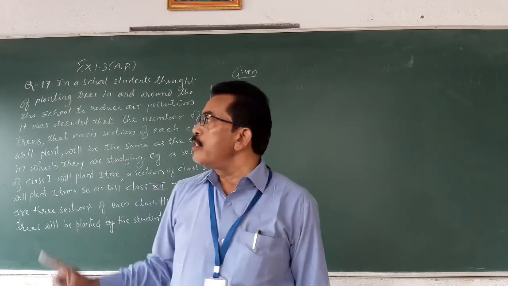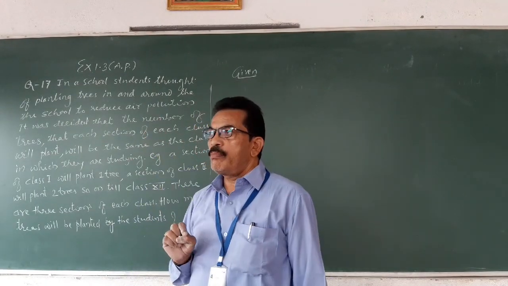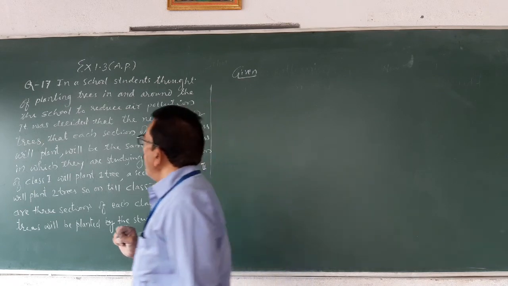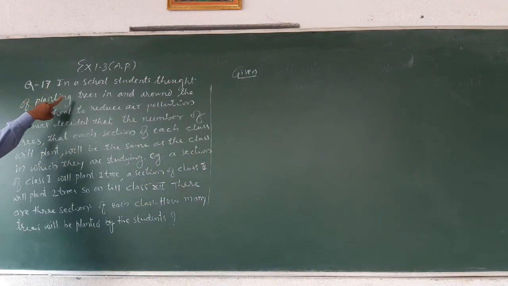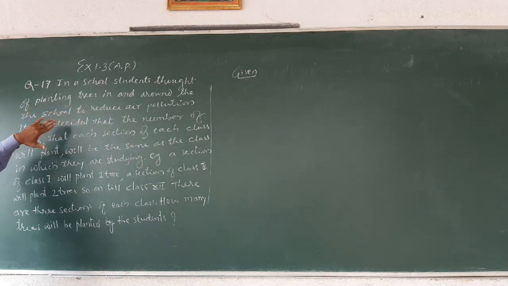See, this one is question number 17. In a school, students thought of planting trees in and around the school to reduce air pollution. See, in what manner have they thought to plant the trees?